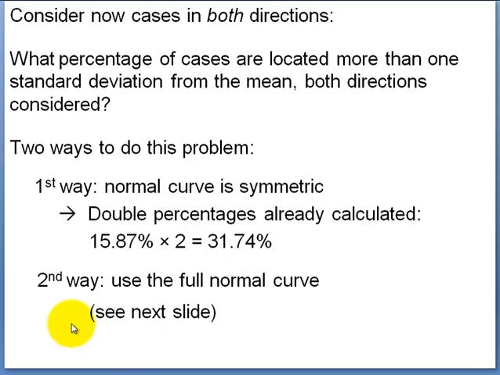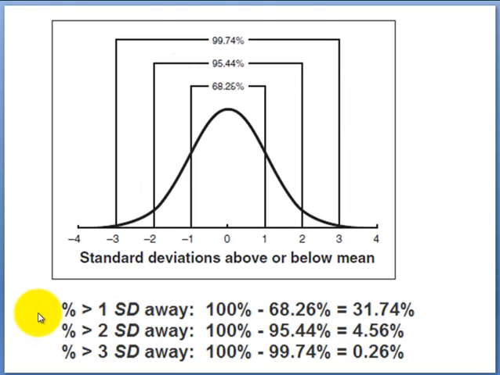And a second way to do this problem would simply be to use one of the earlier normal distribution figures that we looked at. So let's go ahead and take a look at it. Here are some calculations at the bottom of this slide. What percentage of cases are more than one standard deviation away from the mean?